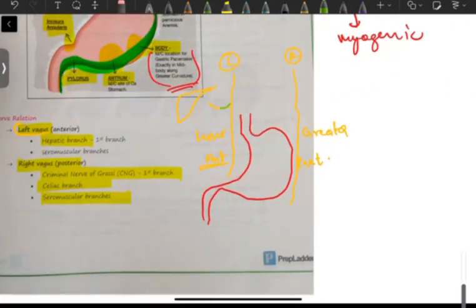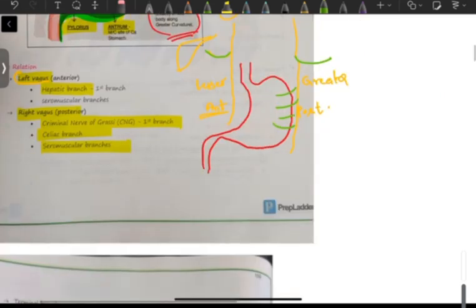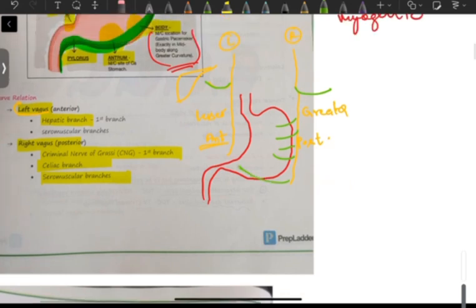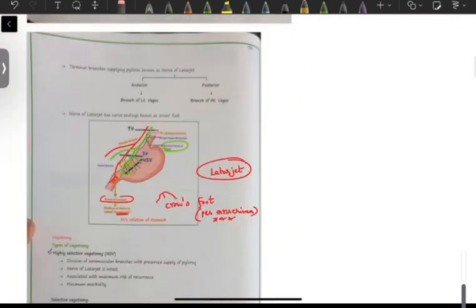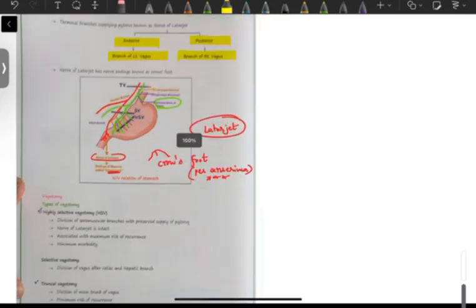So this is the hepatic branch, here the celiac branch, and then many seromuscular branches, and then it will end here, whereas the left vagus will end near the antrum or near the pylorus in the nerve of Latarjet. So anteriorly we have left vagus and its branches, posteriorly we have right vagus and its branches. If we know this much, we are good.